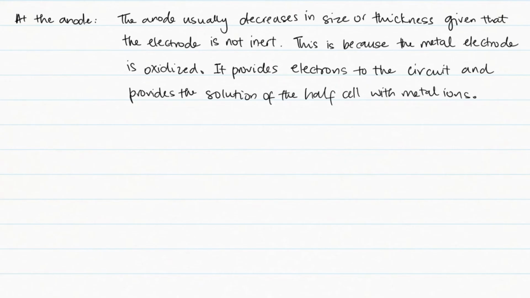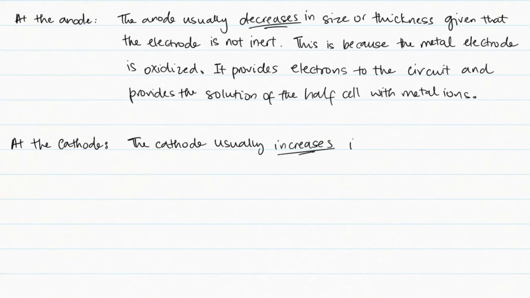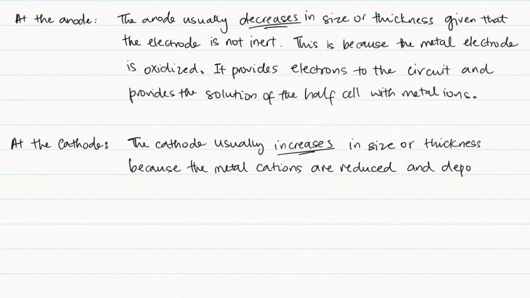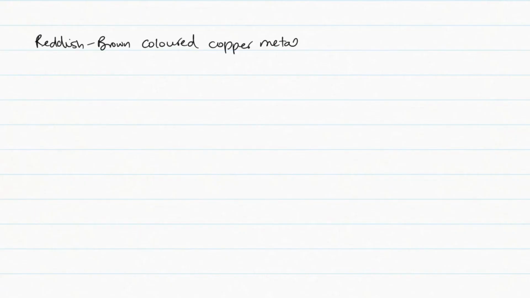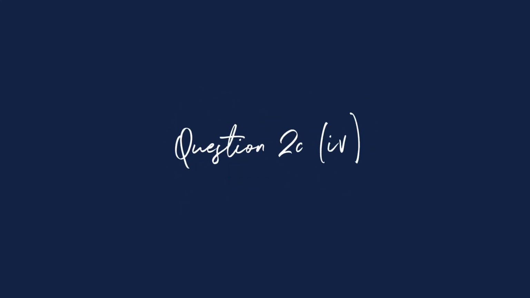It provides electrons to the circuit and provides the solution of the half cell with metal ions. At the cathode, however, the size or thickness usually increases because the metal cations are reduced and deposit on the surface of the electrode. Again, this is only true given that the electrode is not inert. Reddish brown colored copper metal is deposited at the cathode.